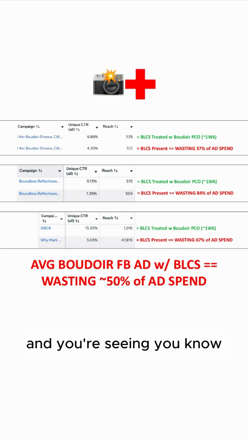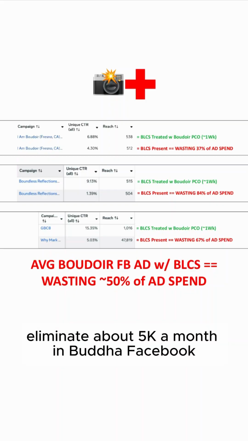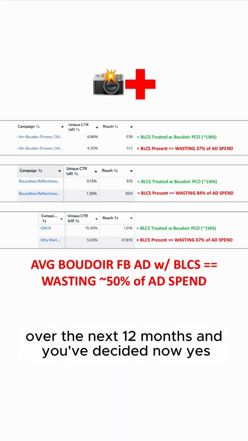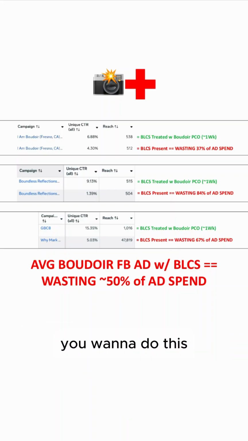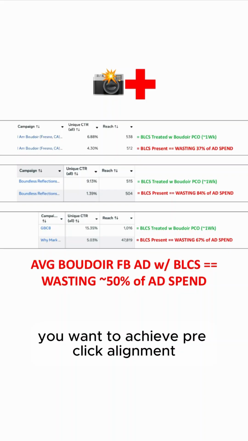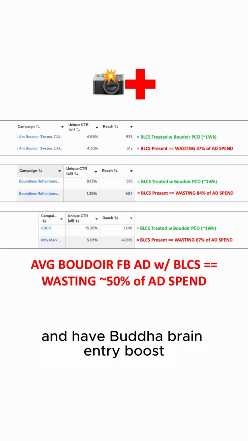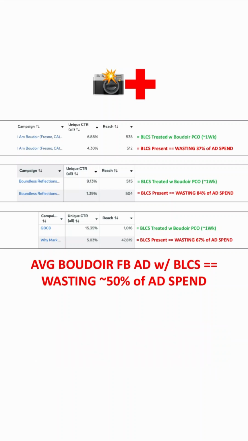And you're seeing you can probably eliminate about 5K a month in wasted boudoir Facebook ad spend and keep that in your pocket. That'd be approximately 60K over the next 12 months. And you've decided now, yes, you want to do this. You want to achieve pre-click alignment, become a dominant boudoir advertiser, and have Boudoir Brain Entry Boost on your path to becoming the number one boudoir photographer in your city.